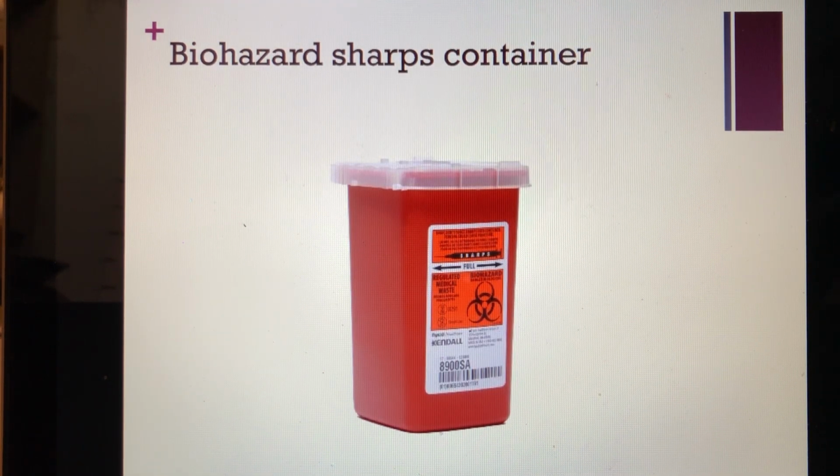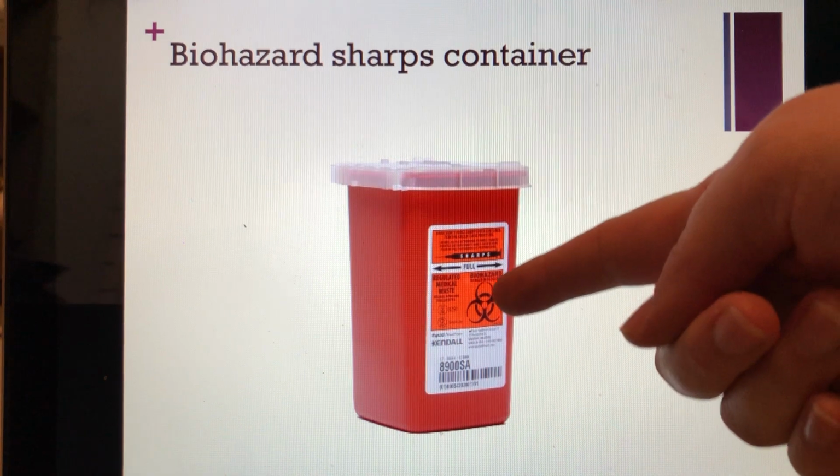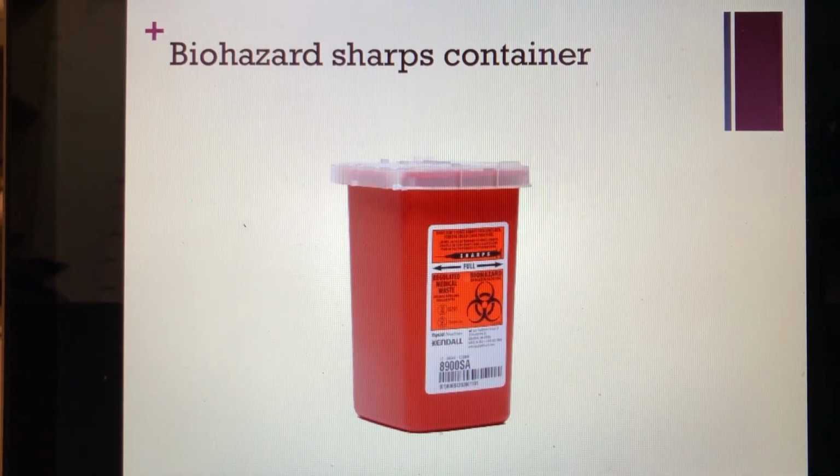So another common piece of equipment that we will encounter with medications is biohazard sharps containers. So they might look like this, where they're red. There's also yellow versions. Basically, they're all going to have this biohazard sign on them, and we'll have some kind of warning about how this is a biohazard container. So your sharps container is where you're going to put items that are sharp.